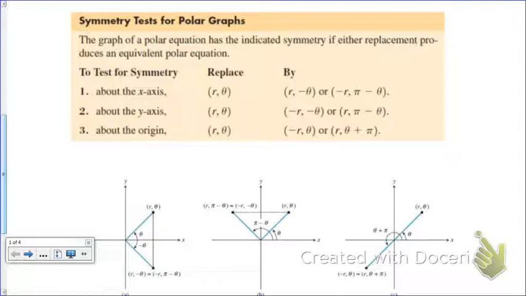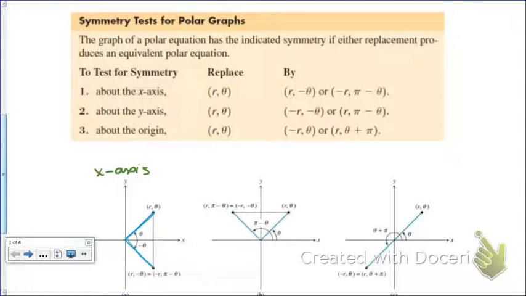Okay, so the first picture there at the bottom shows reflection or symmetry about the x-axis. It's actually this blue part here. That's the graph, and you can see it being reflected across the x there.